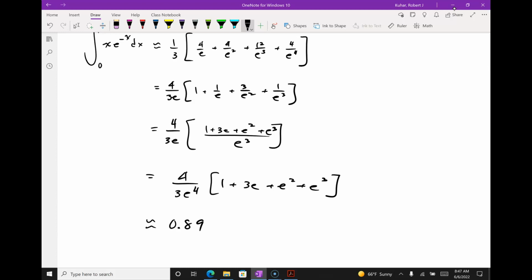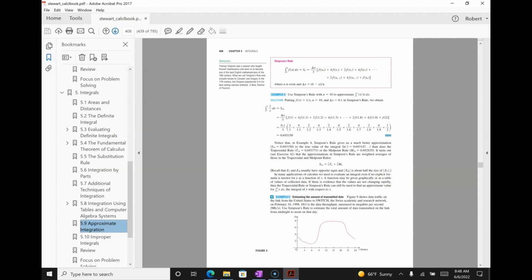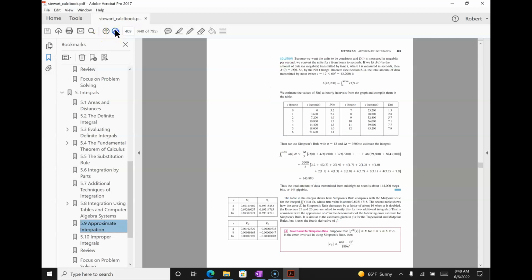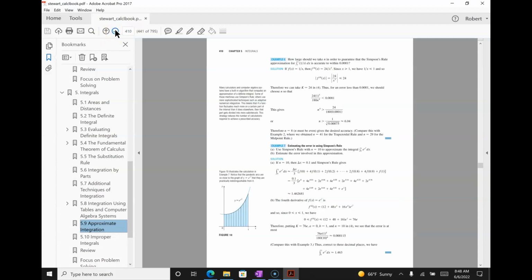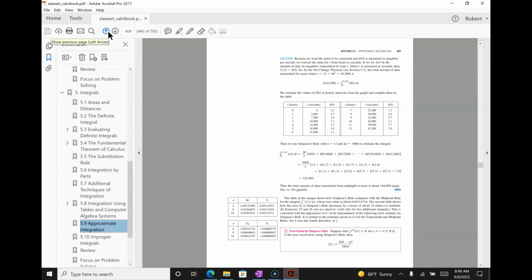Well, that's where this error piece comes in. If you take a look at the error for Simpson's rule, right here it says, the error bound for Simpson's rule is at most k times b minus a quantity to the fifth over 180 n to the fourth, where n is your number of rectangles.